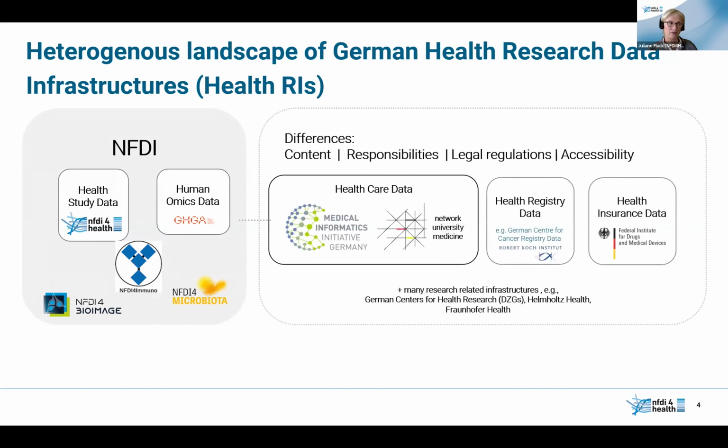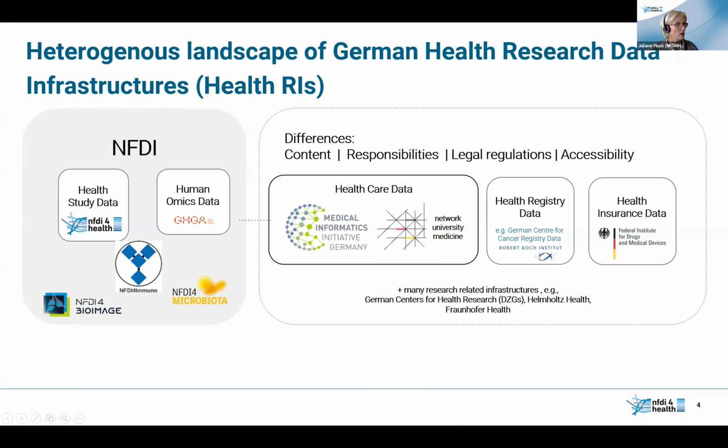In addition, we have also different research data infrastructures focusing on healthcare data, which is the Medical Informatics Initiative and also the Network University Medicine. We have the health registry data. One example is the German Center of Cancer Registry data, and we have health insurance data.